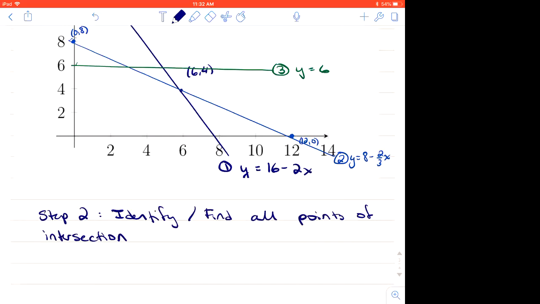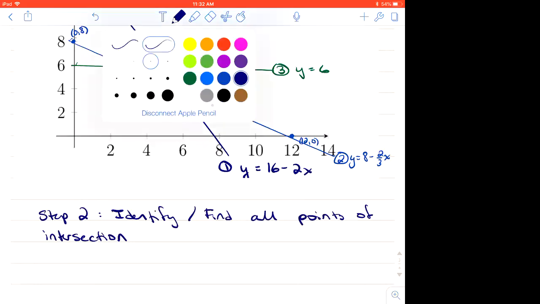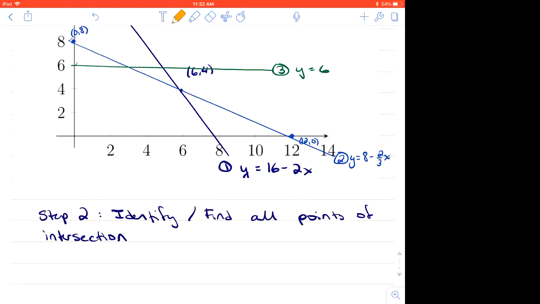Because what we've found is what we call our feasible set, which is going to be all the XY combinations that satisfy the restrictions.